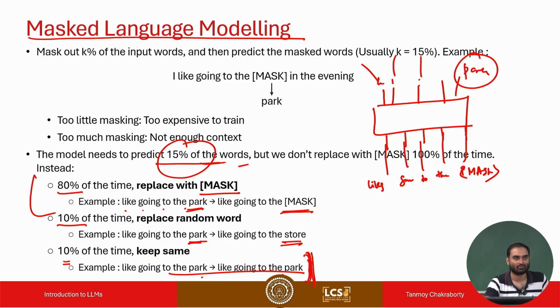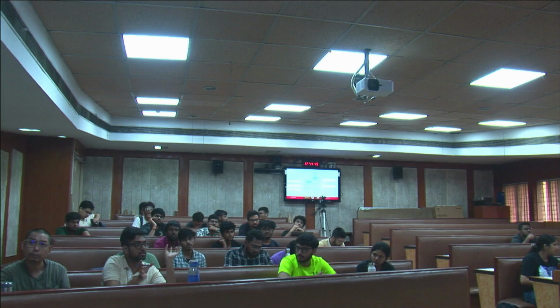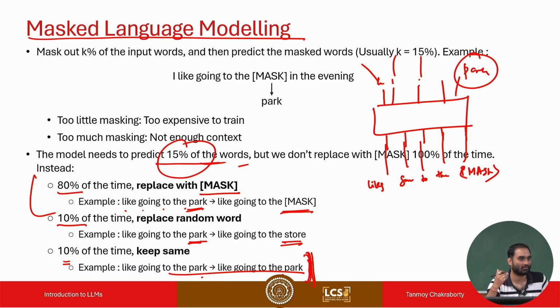And what's the error here? Cross entropy between the actual token, which is park, and the predicted token, which may be lawn or field or store. And if you pass store here, your expectation is that the model will produce park here.